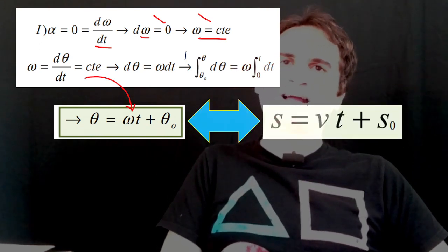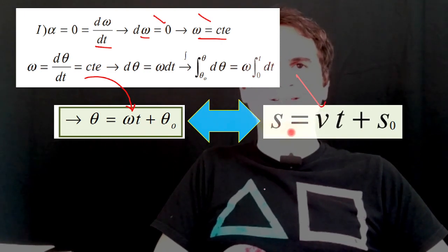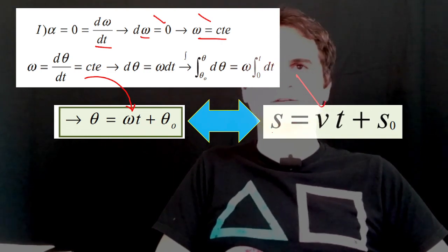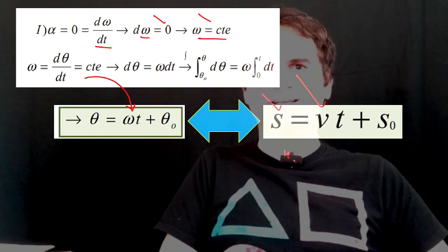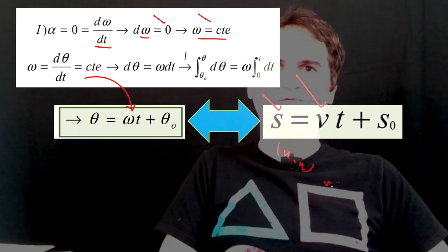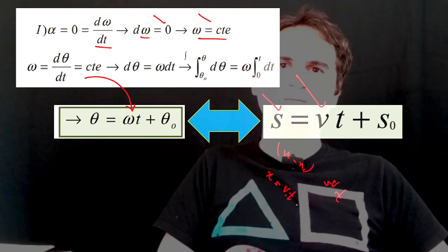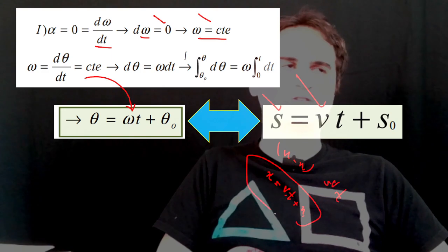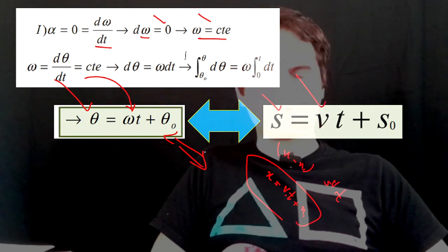That's exactly identical to normal motion, where S is Vt plus S naught, or x equals Vt plus x naught, where V is the velocity. You can write that also for angular motion.